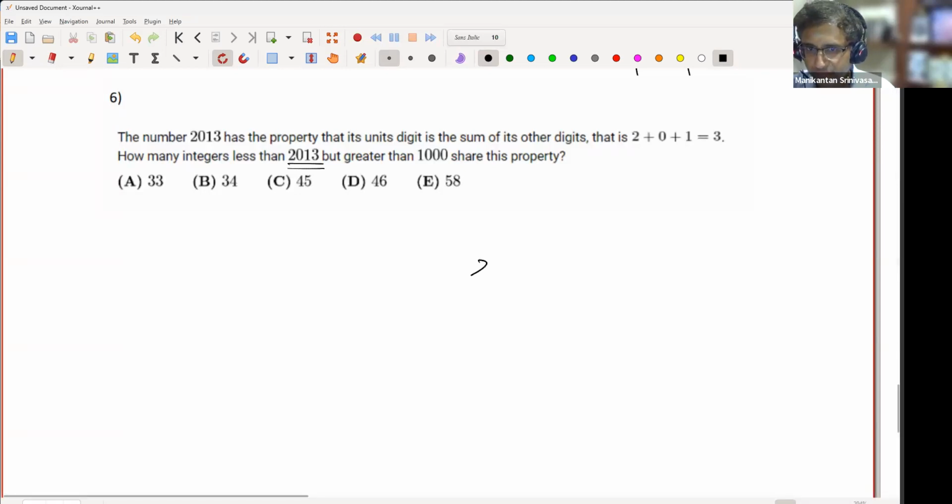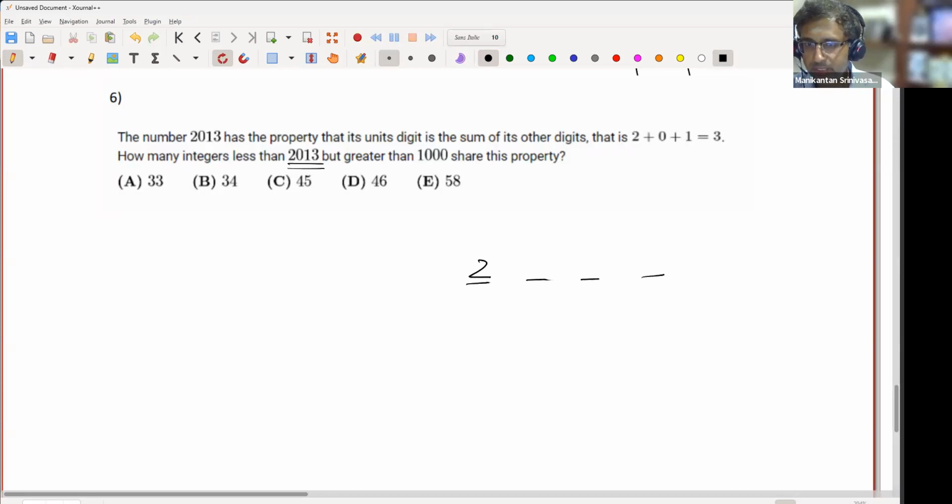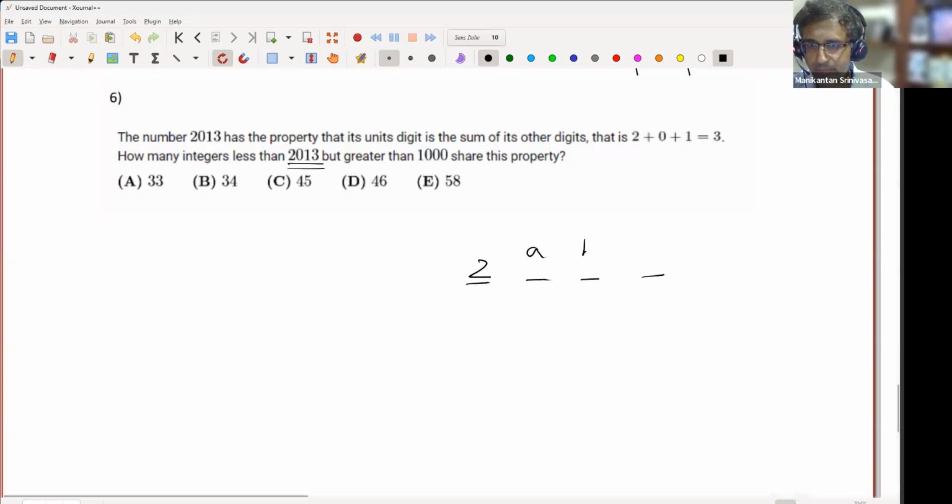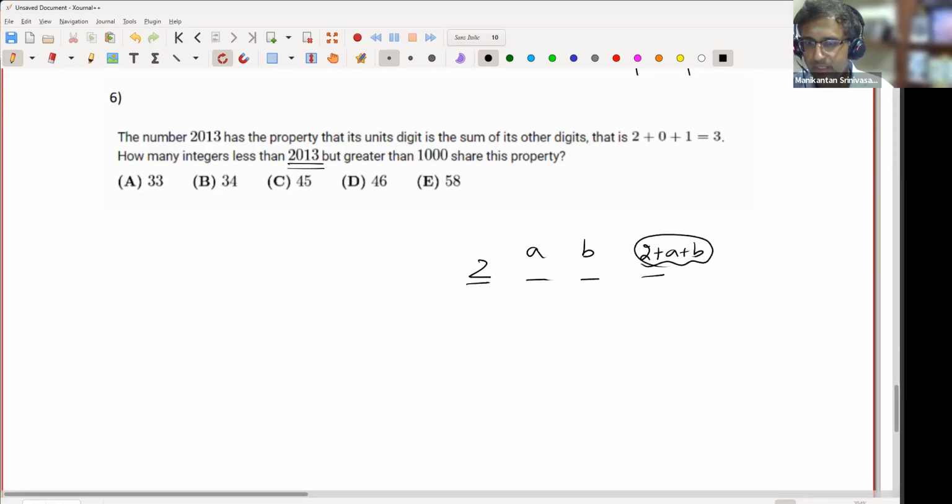In fact, if the first number is 2, essentially you want, let's say this is A and this is B, we want this number to be 2 plus A plus B, correct? So we can literally count between 2000 to 2013, what would A and B have to be?